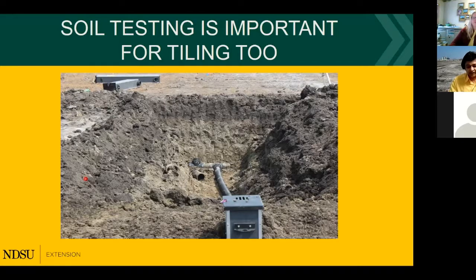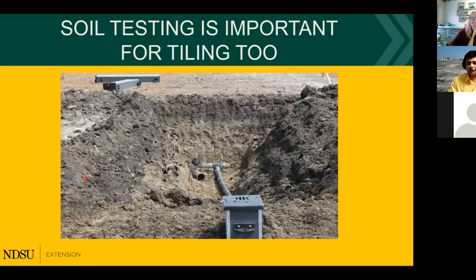Tiling will work if we have excess soil water and good soil water infiltration. And good soil water infiltration is a direct result of good soil particle aggregation that will result in good structure and pore space. And if you have dispersion going on or swelling going on, your soil water infiltration will slow down.